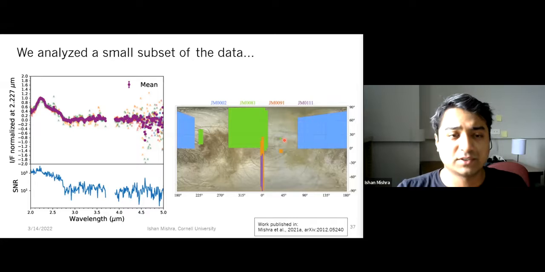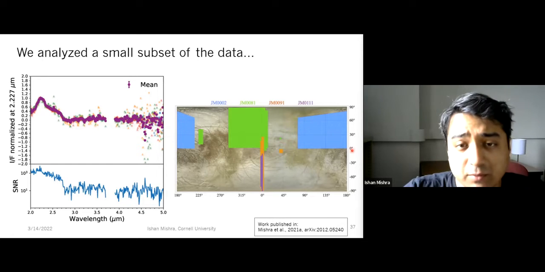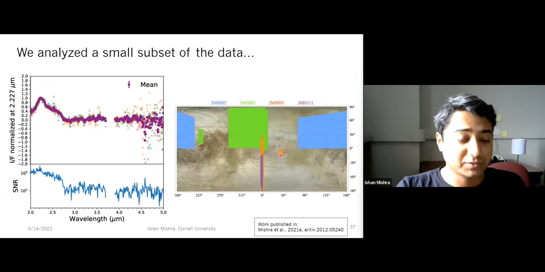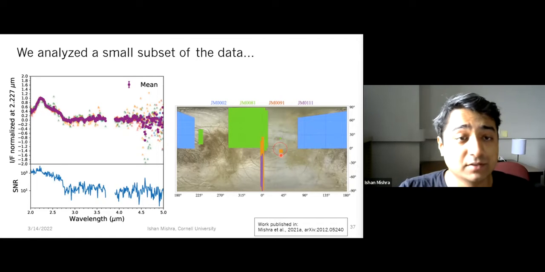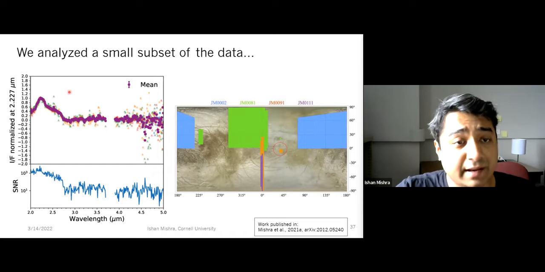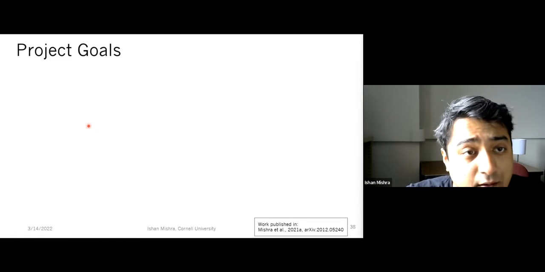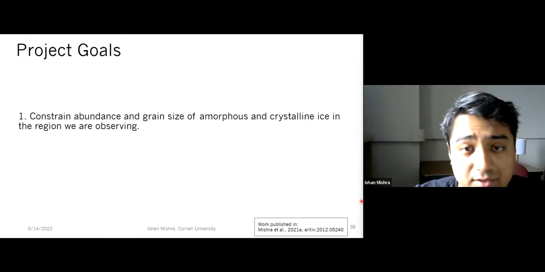And that was something that is a parameter in our modeling work. So that's why we just focused on this small patch here, where we had 4 spectra, all of them had the same observational geometry parameters. So we basically proceeded with the analysis of the mean spectrum from this data set. And the project goals were to constrain abundance and grain size of amorphous and crystalline ice in the region we were observing.